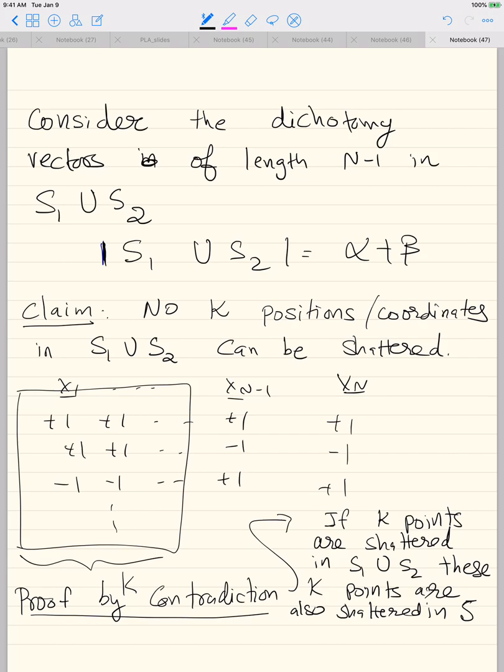So they are exactly as they are. We just append either +1 or -1. Doesn't matter. You just look at these k points. These have all 2 to the k combinations. They are shattered in this set, so they are shattered in S as well. But the definition of B and K says that no collection of k points can be shattered. So this contradicts.